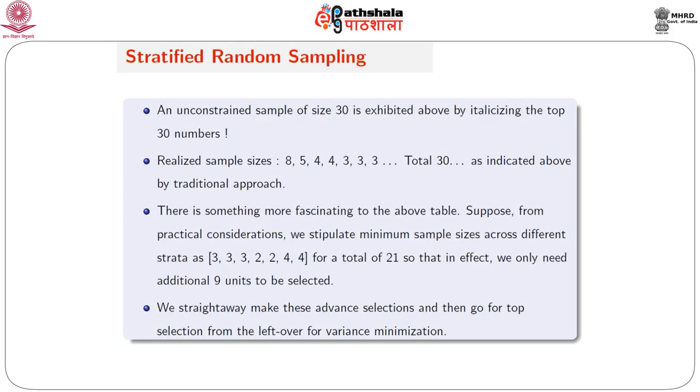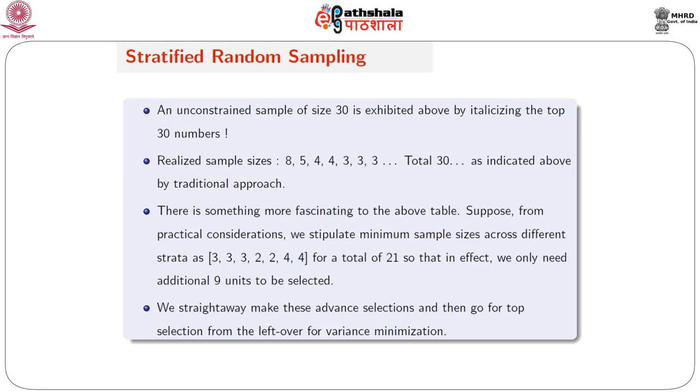This method depends on the fact that you can rewrite the expression for the variance, the general term, in the form of this pH square multiplied by the expression that we have, you can put in the form of a two-way table of values, and that is the basic idea. Not only that, there is something more fascinating to the above table.